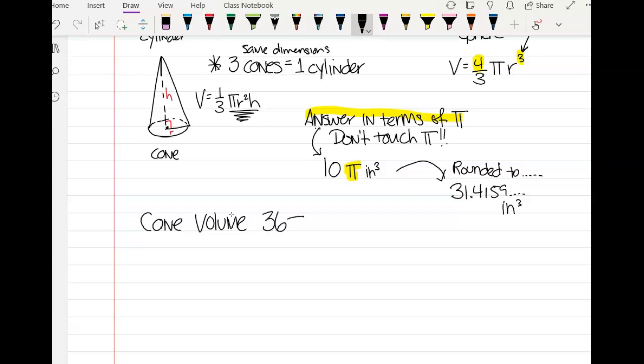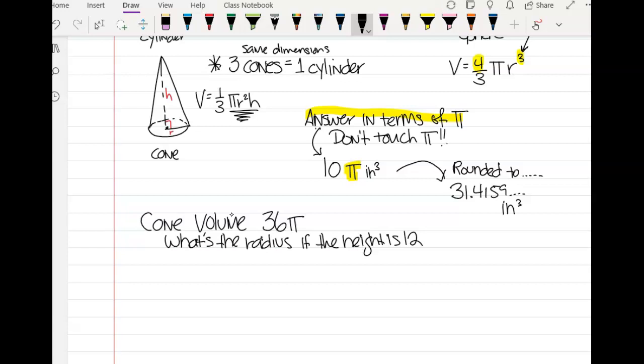Let's say it's 36 pi, okay? And we want to know, actually, let's do this. What's the radius if the height is 12? Now, I have no idea if this is going to work out, so this might not be pretty.